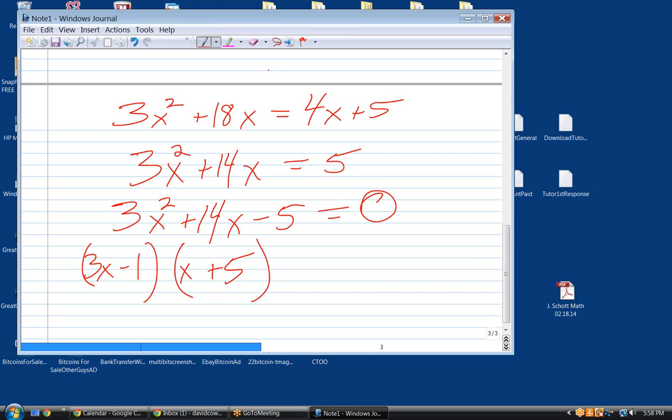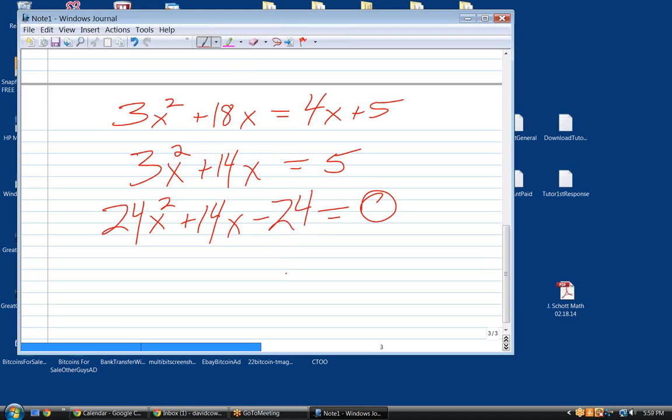Okay, but let's say now, can you imagine trying to factor that? We have so many different factors of the number 24 that we have a ton of choices for what goes with the x, and a ton of choices as to what the numbers are.